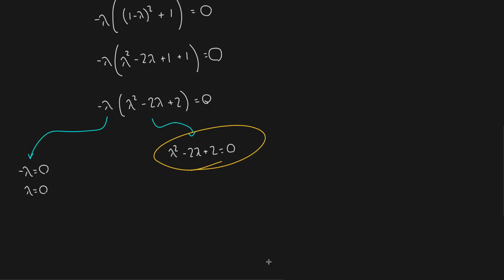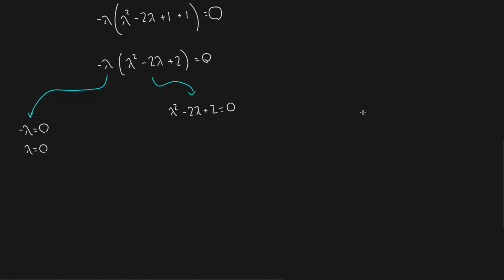This is a quadratic equation that we cannot easily factor. But we do have a formula to solve quadratic equations. It's called the quadratic formula, right? And just as a reminder, for a formula like ax squared plus bx plus c equals 0, the solutions x to the quadratic equation are negative b plus or minus the square root of b squared minus 4ac, all over 2a.